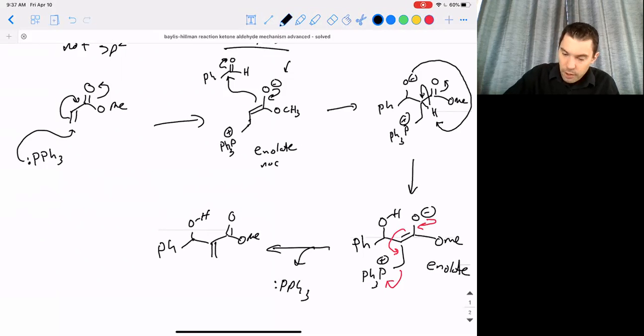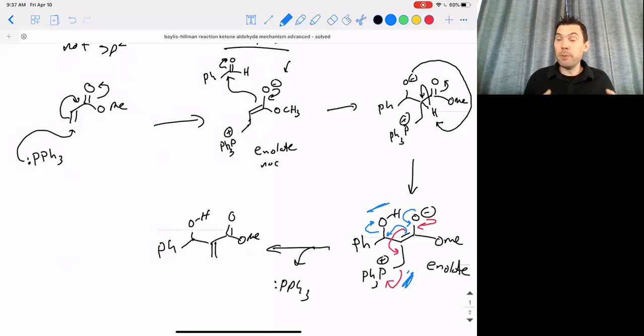The other thing that we could consider, by the way, is if we take this exact same arrow and this exact same pair of electrons, but instead we kick off OH minus. That would lead to a different product, a different alpha beta unsaturated ester, and we'd have to lose hydroxide. And so the same enolate has to then choose whether to kick off the PPh3 or the OH.